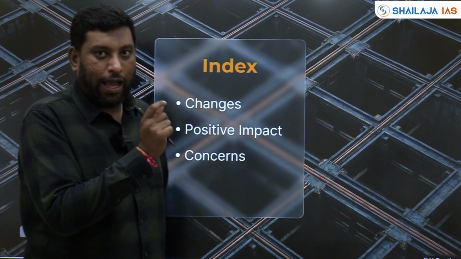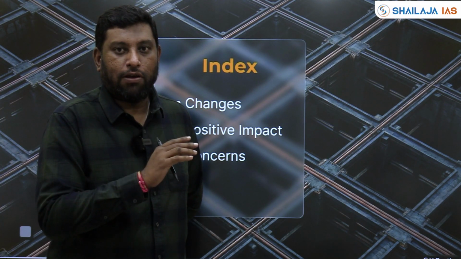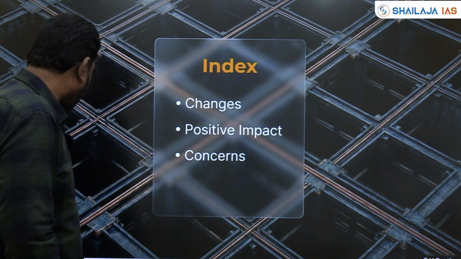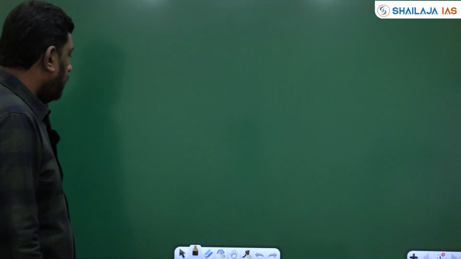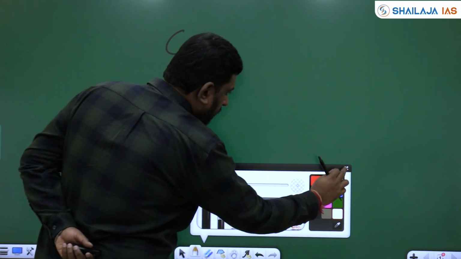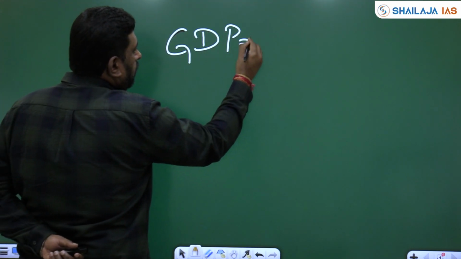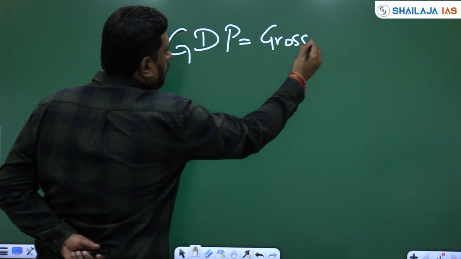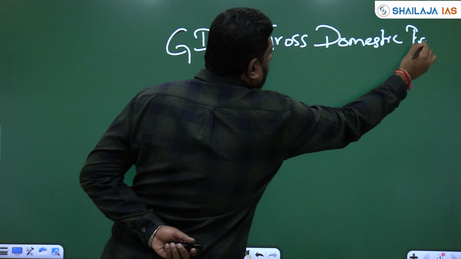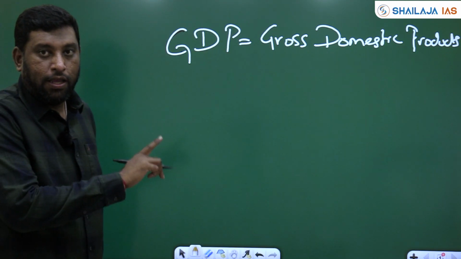But before we start into the actual changes that were introduced in the new GDP series, we'll first have a quick recap of what we mean by GDP at a more basic or fundamental level, right? See, GDP is nothing but your gross domestic product, which is the total value of all the final goods produced in the country in 1 year.